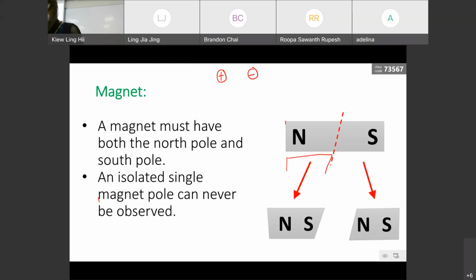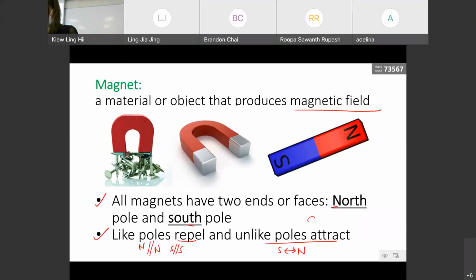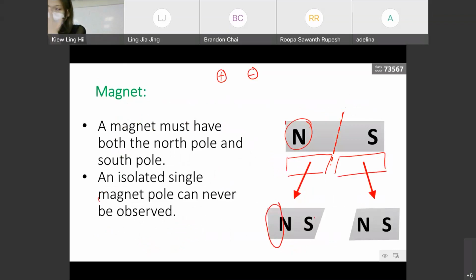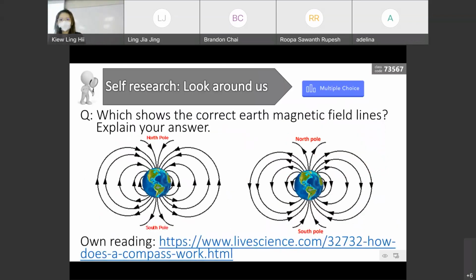Even though the north pole is here, the moment you break it in half, the end with the existing north pole will be north pole, whereas the other end will automatically be a south pole. Okay? So that is another special characteristic of magnet, meaning that your north pole and south pole must exist together on one magnet.